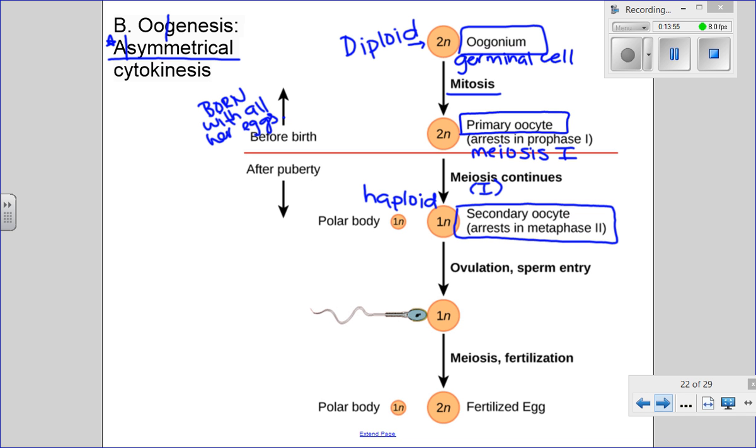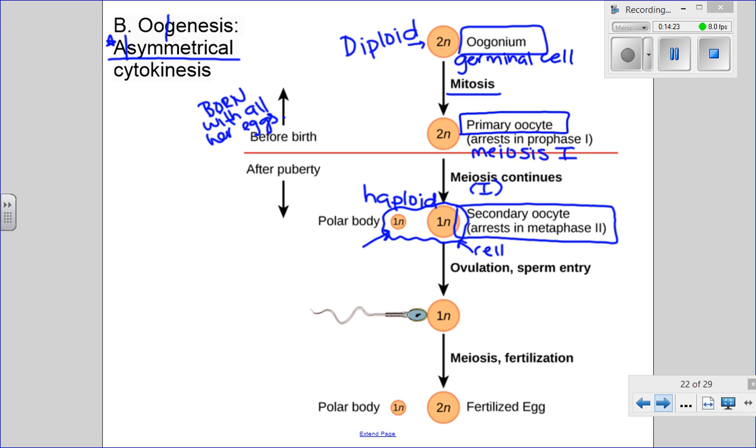And I want you to notice that I am not getting 2 daughter cells. Normally, after meiosis 1, I produce 2 cells. But instead of producing 2 cells, I am producing a cell, and I am producing what is called a polar body. The polar body is not going to become an egg.